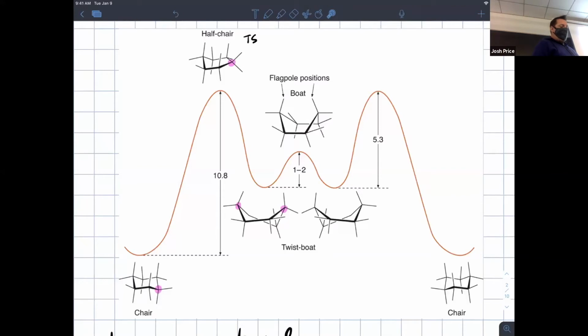Can you freeze one of the chairs? Yes, if through temperature. I could be wrong, but I think at room temperature, even though these are fairly large barriers, equilibrating from one chair to the other is rapid enough that we don't see two different cyclohexane types of protons.